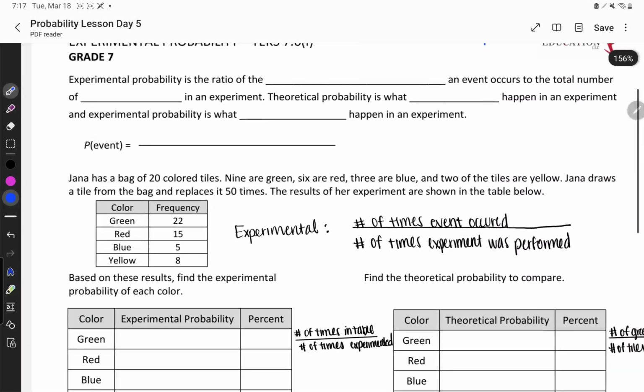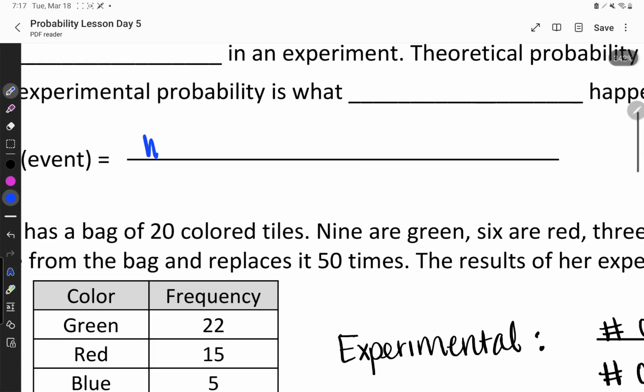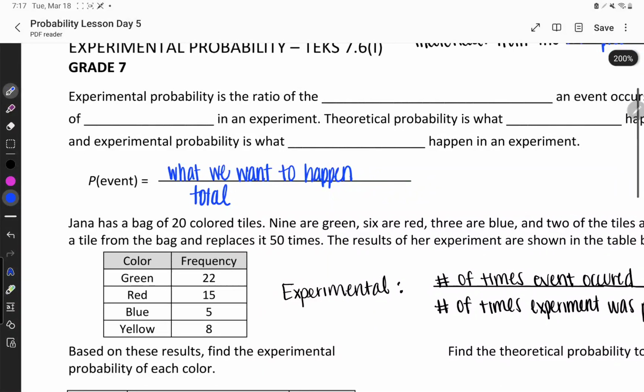So the probability of an event is what we want to happen over the total number of times. In an experiment, it's the total number of times that the experiment is performed. And theoretical, it's just over the total.